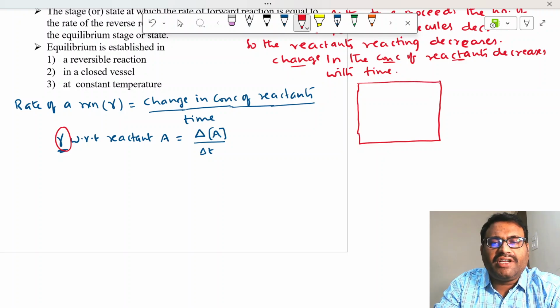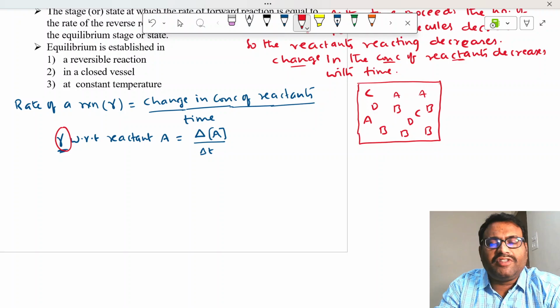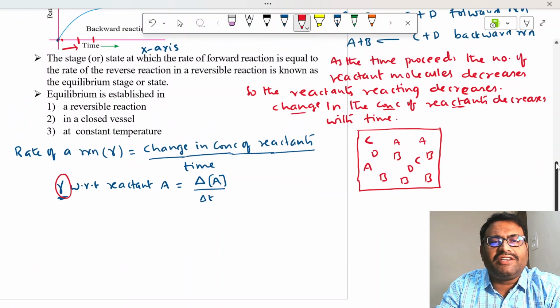See, actually A, B, A, B, A, B, in this way we have reactant molecules. As the time is proceeding, A and B are converting into C and D. That means reactant molecules are decreasing and the product molecules are slowly increasing.